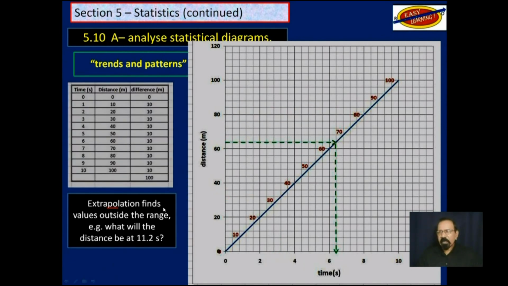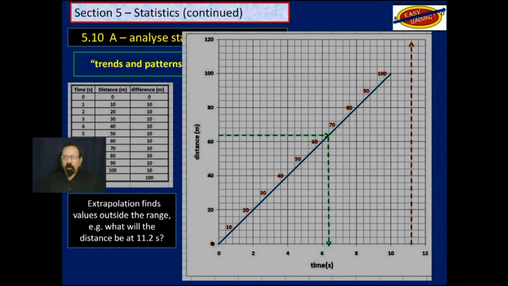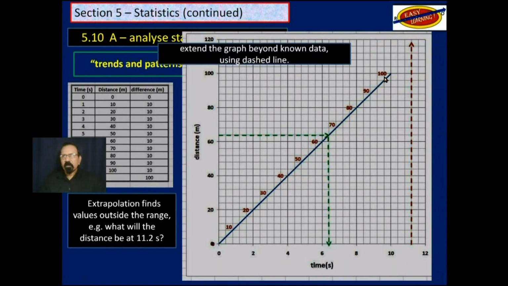Extrapolation finds values outside the range. For example, what will be the distance at 11.2 seconds? Well, we come here to 11.2 seconds, draw a line going up, and we have a problem here because we are not touching the graph. So we will have to extend the graph beyond the known data using broken lines, dashed lines, following the pattern of the graph.